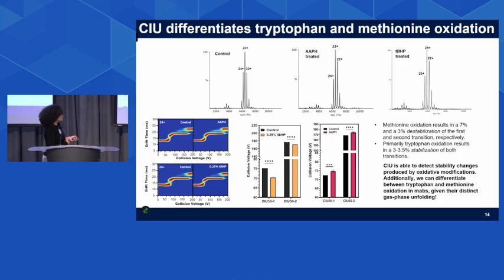So not only are we able to detect changes in stability produced by oxidative modifications, but we can actually differentiate if these are tryptophan or methionine oxidation.